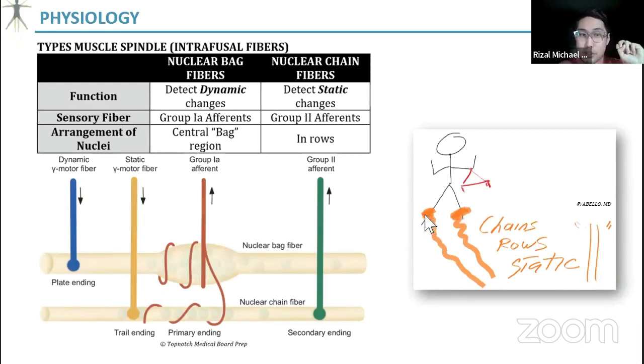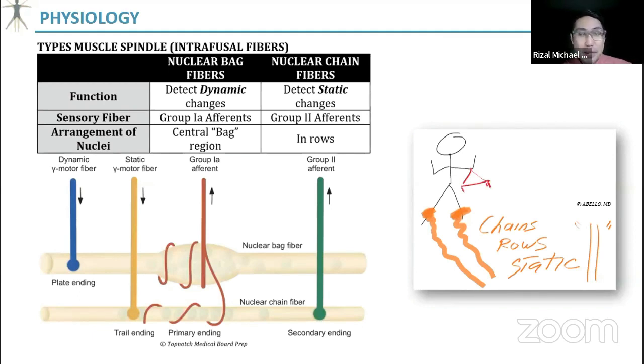Right? Tapos since naka-diretso yung chain mo, yung position niya is naka-rows siya. Right? So another one, since dahil nakakadena yung paa niya, gumagalaw ba siya? Hindi. So it detects your static changes. Okay? So I know it's a bit weird mnemonic, visual mnemonic, pero for me, yun yung nag-work. So I hope may sense siya.